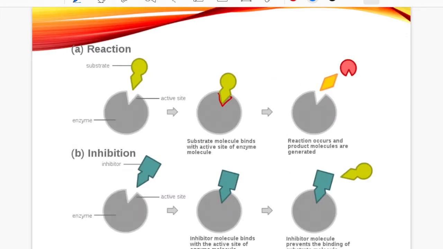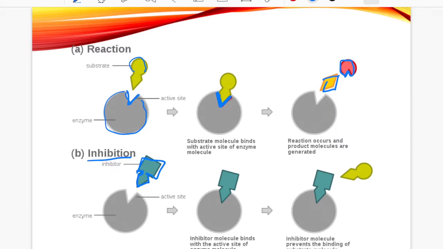So this is a diagram that kind of explains that, where you have your enzyme right here, you have your substrate, and then you have your active site. If everything is working great, that enzyme and the substrate will bind to each other, and we end up with our products, right? Everything's fine and dandy. Inhibition, you have an alternative molecule, all right?